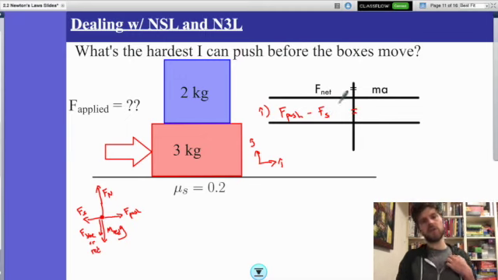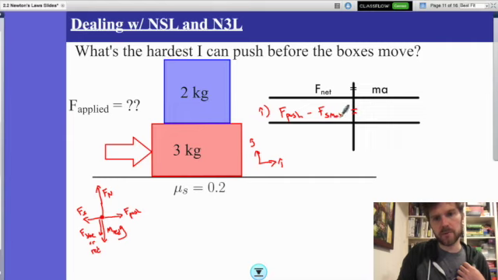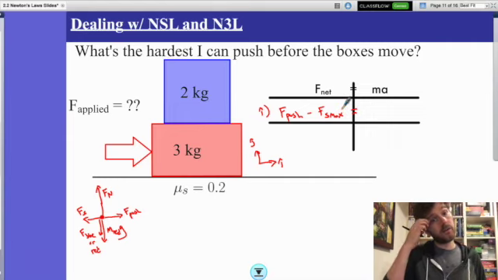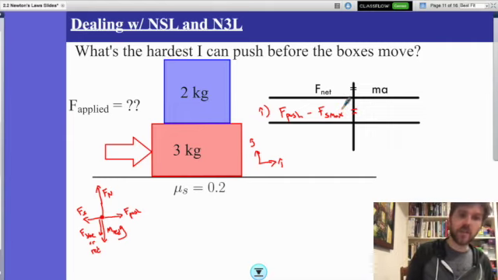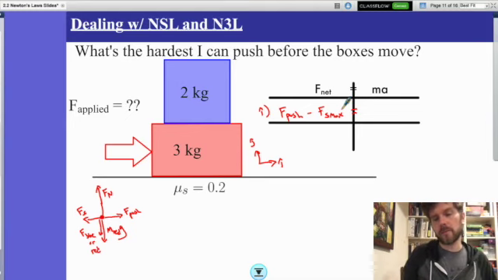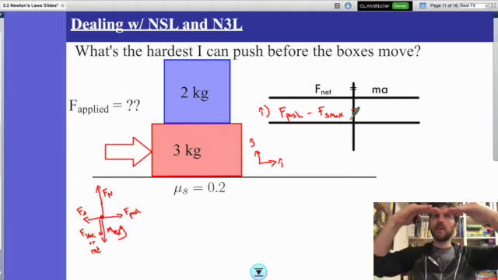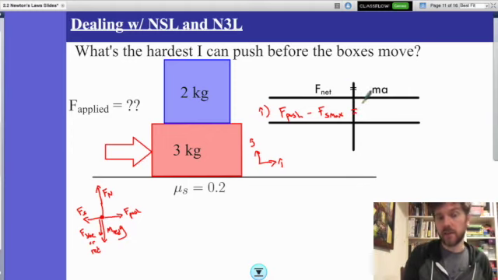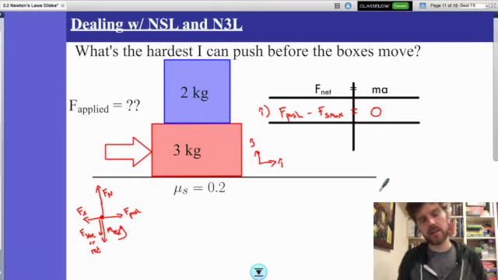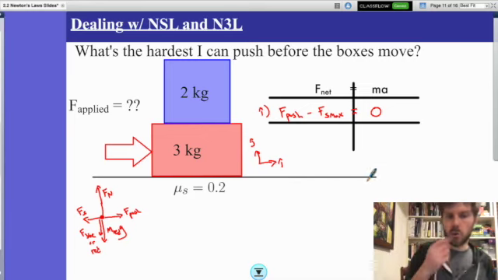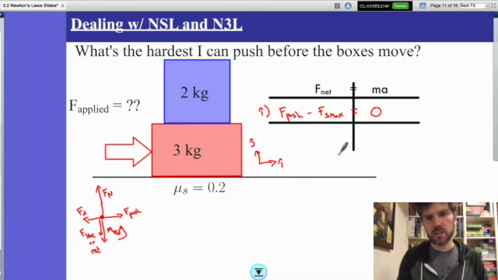Well, again, I want to go all the way up to the maximum static friction force I can possibly get. Now, if I go even a smidge above the maximum static friction force, the thing's going to move. And so in physics, we often say, well, what is that limit? Where are they equal? And that's going to be the point that I need to exceed. So we're actually going to set this equal to 0. We're going to say, if I want to know how hard I can push and just equal the maximum static friction force.